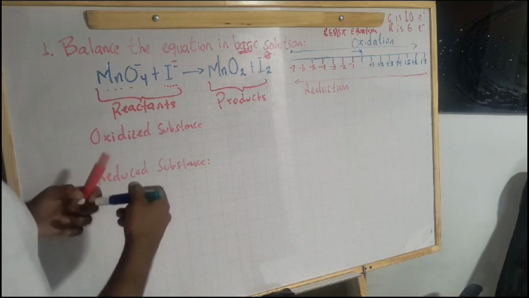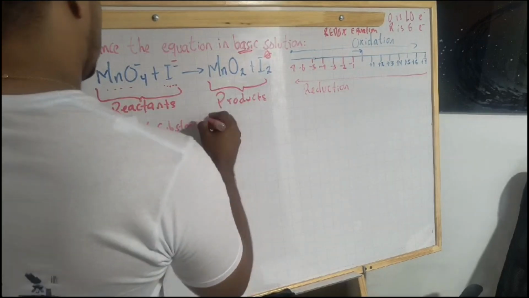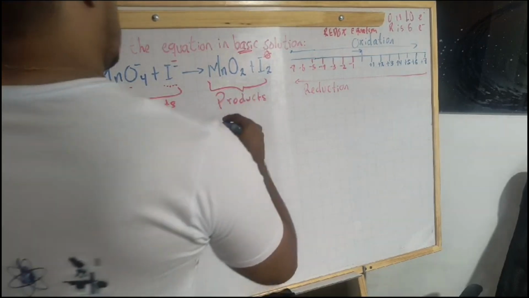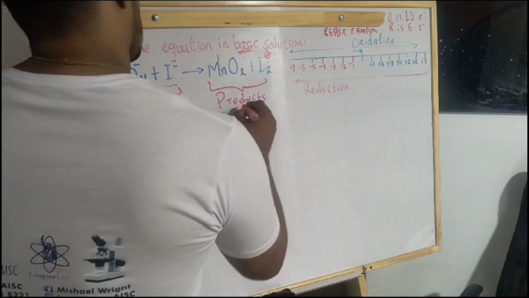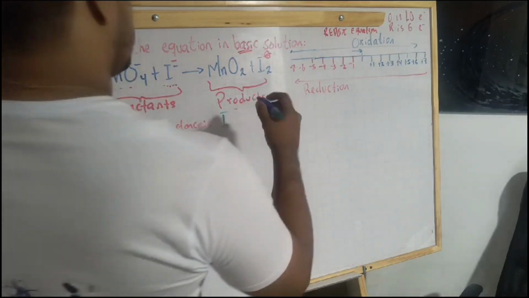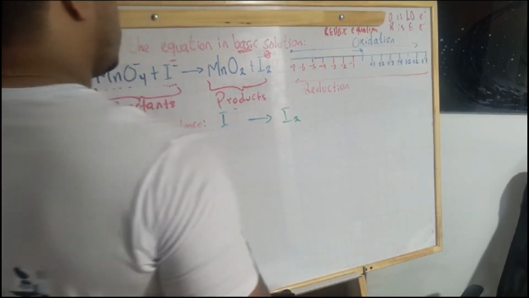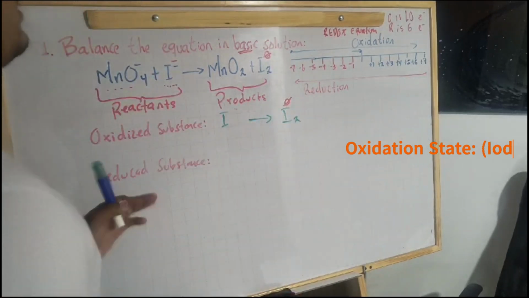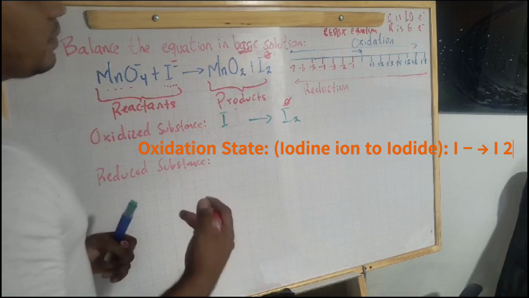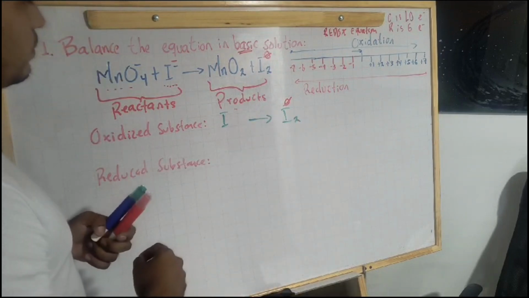Alright, so I'm going to write that it's going to yield to iodine, but here we have to balance the number of atoms that we have on both sides of the equation.